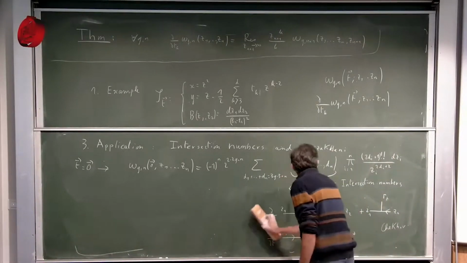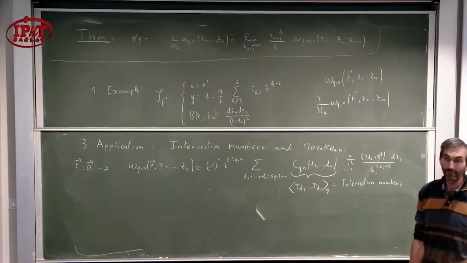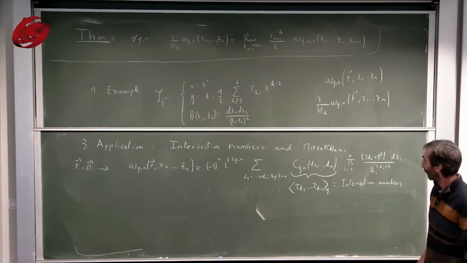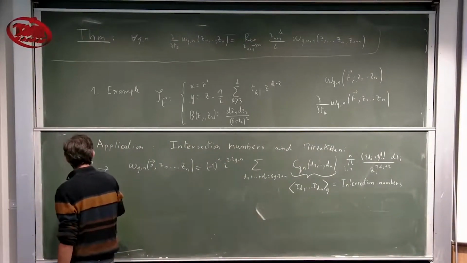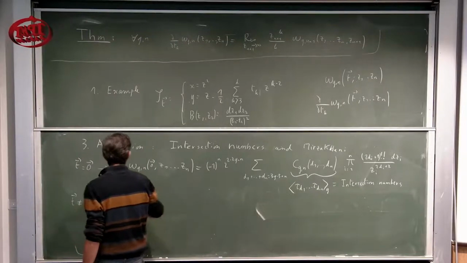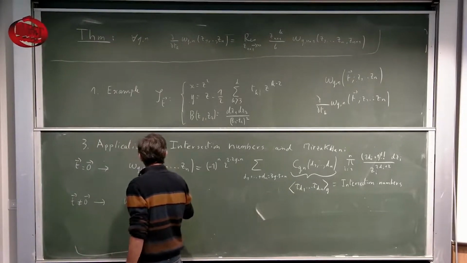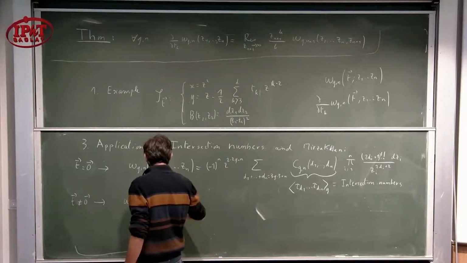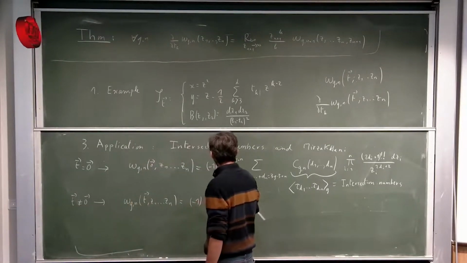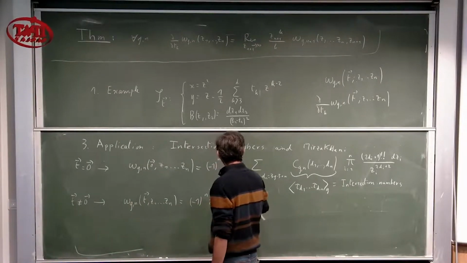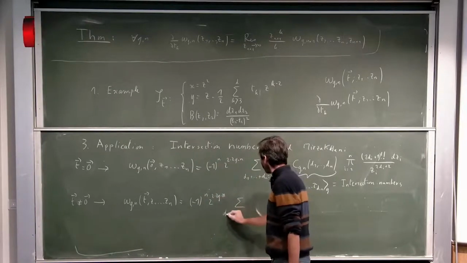So now I would like to do the same thing when we have t non-zero. So when t is non-zero, for the same reasons, we know that omega g,n of t, z1, ..., zn must be a polynomial in one over the zi squares. It will not necessarily be homogeneous of degree 3g minus 3 plus n.